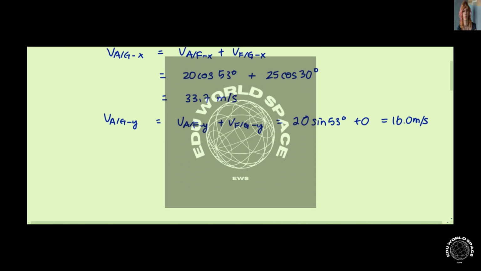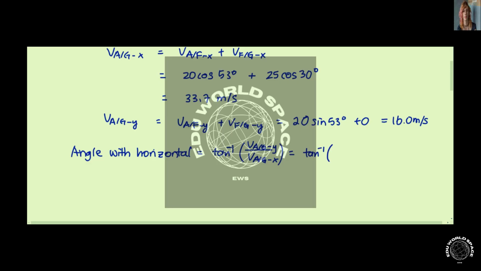So the angle with horizontal is the arctangent of the y component divided by the x component.